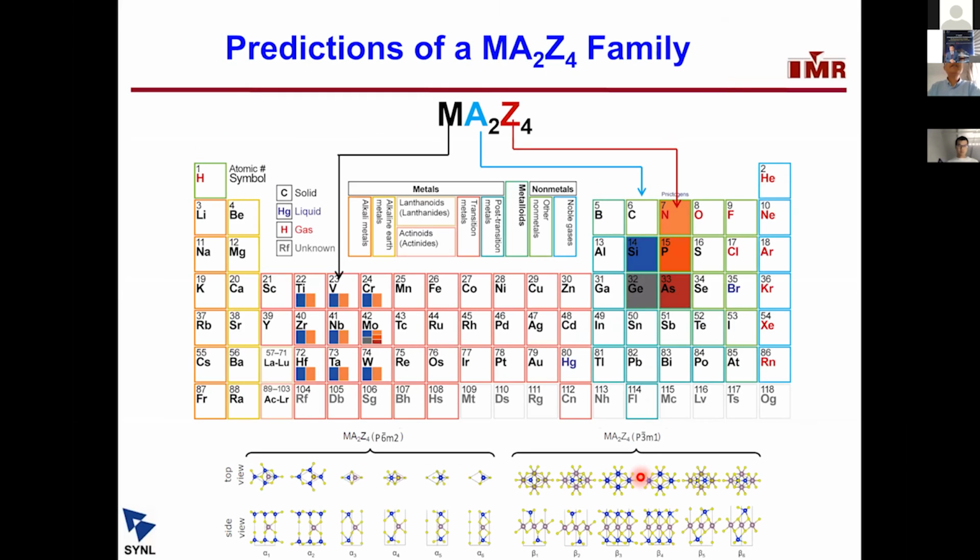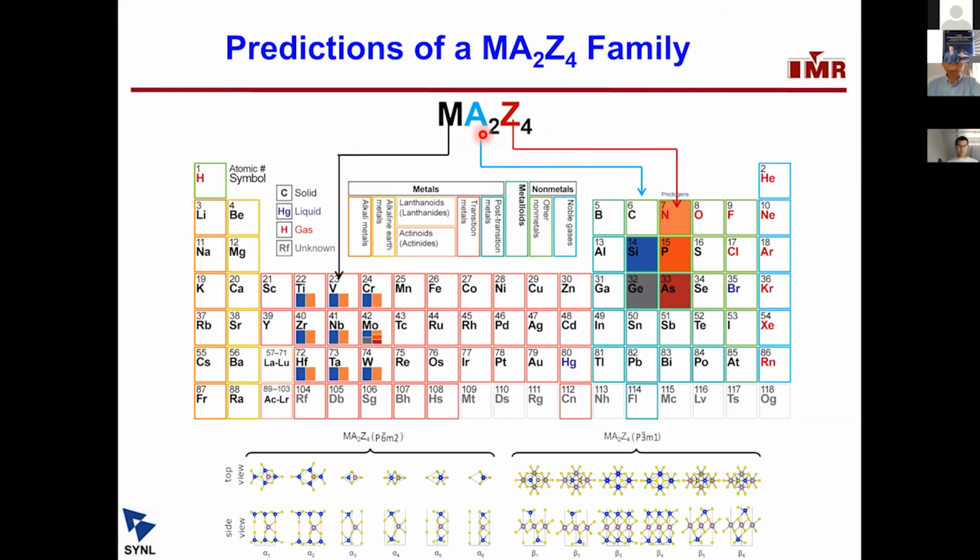So I will give you an example we have done. We try to predict those three-element family, metal, MA2Z4.